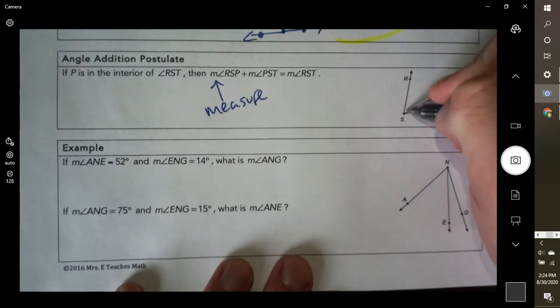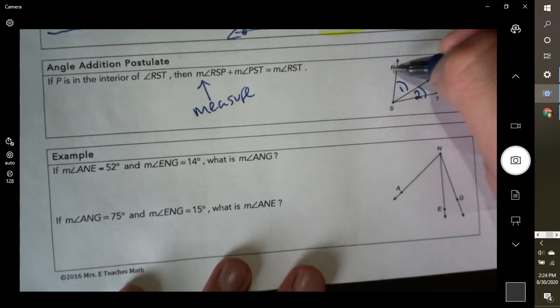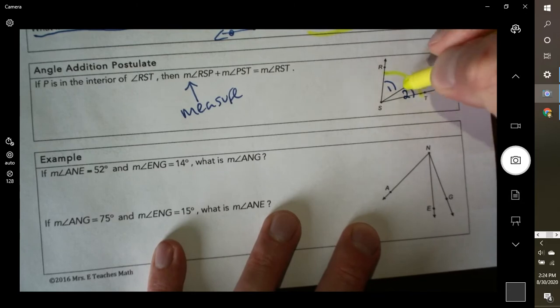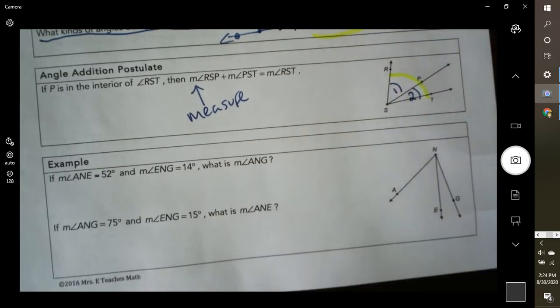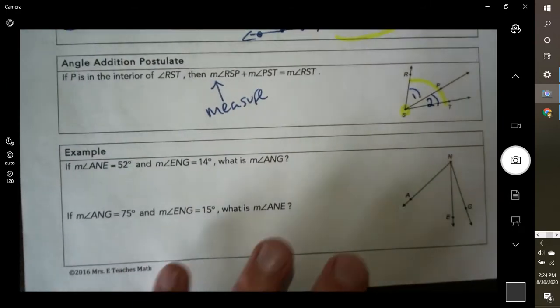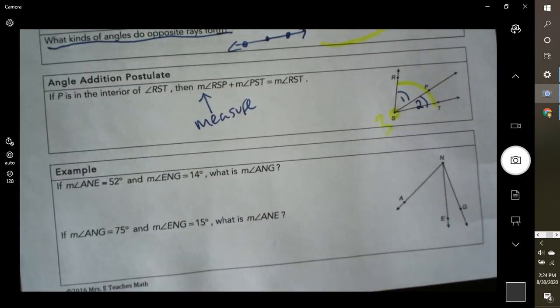So again, if we labeled these angle 1 and angle 2, and then the big angle, I'll call it angle 3 here. We were just saying angle 1 plus angle 2 equals angle 3.